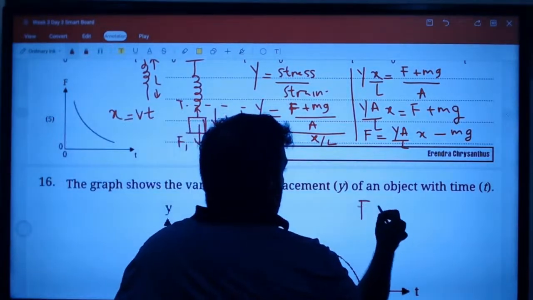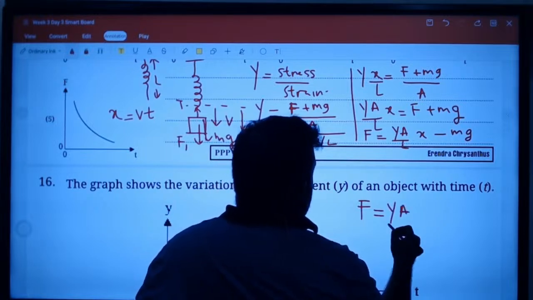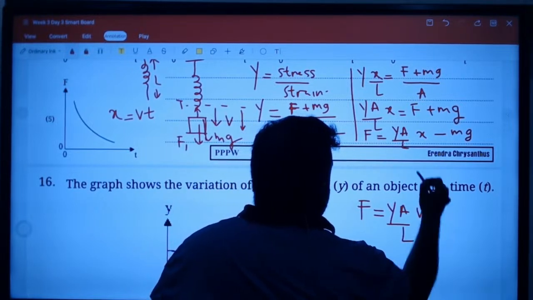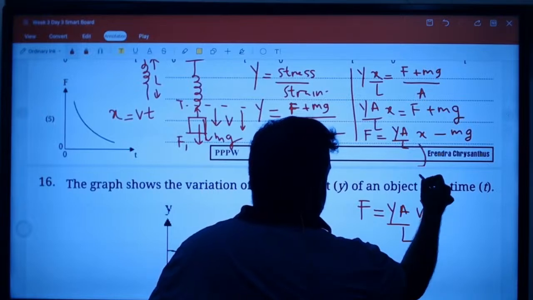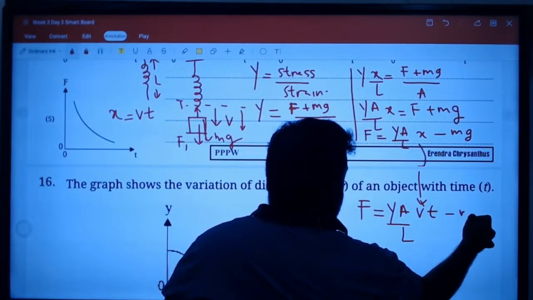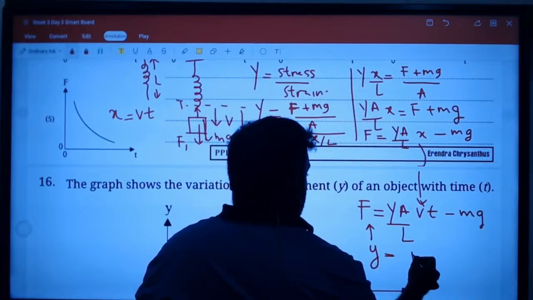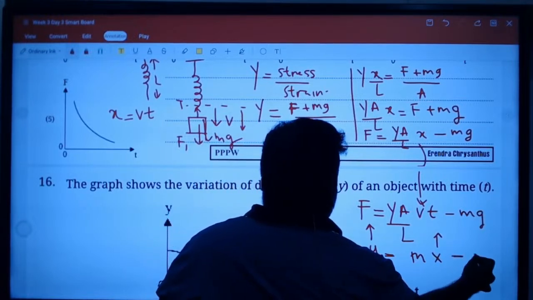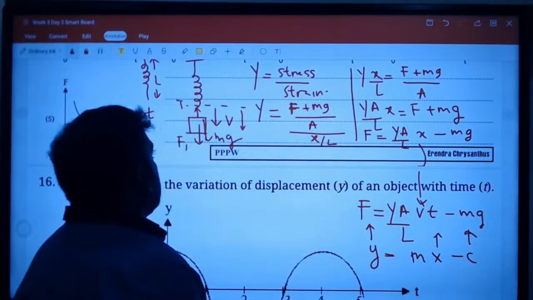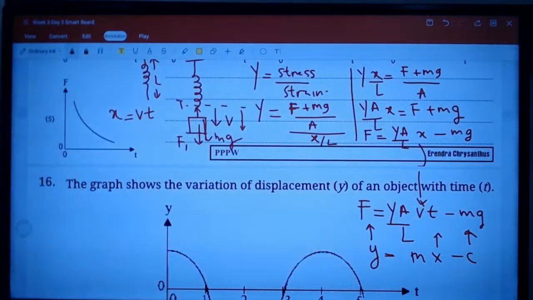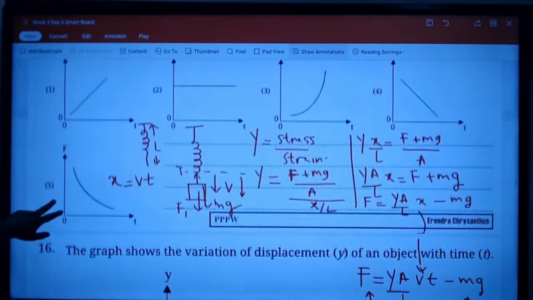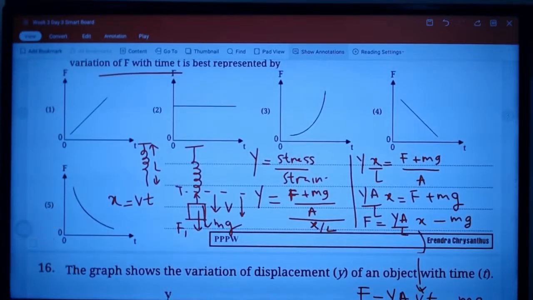So F is equal to Young's modulus A over L, times v t, which is your x, minus mg. Graph is of the form y equals mx minus c. Simple ideas. Check and see whether you have an answer like that.